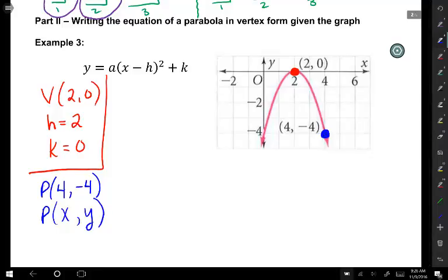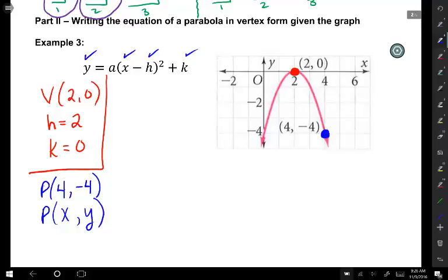I have the y value, check. I have the h value, check. I have the x value, check. And I have the k value, check. What's the one value I don't have? A. So does it stand to reason that I can put in h, k, x, and y, and I solve it, and I'll just have a left? Does that make sense?